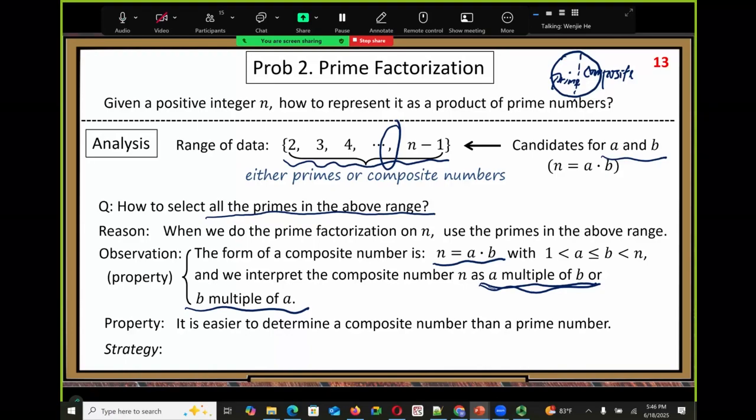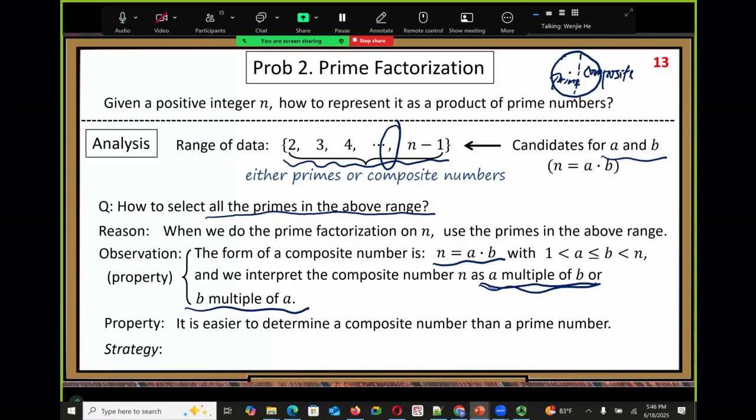So when working on the prime numbers is relatively hard, an easier way is to work on its complementary part, the composite number part, because that part is easier.